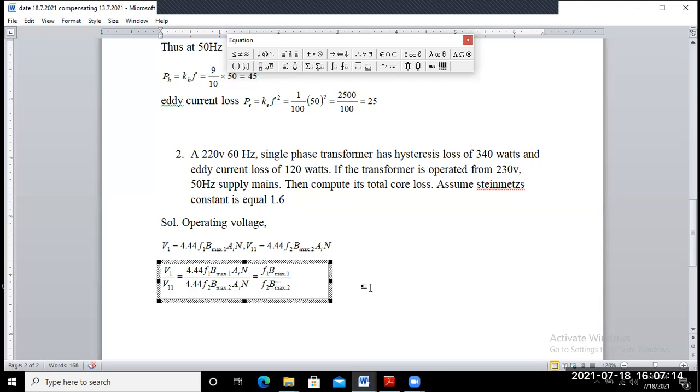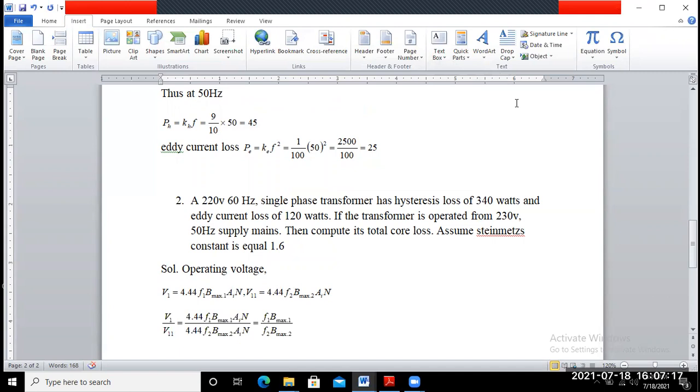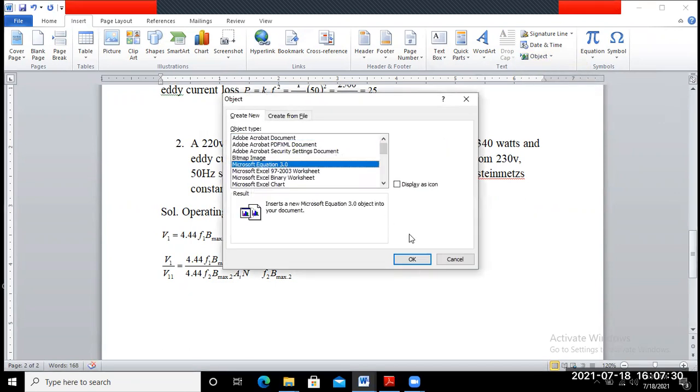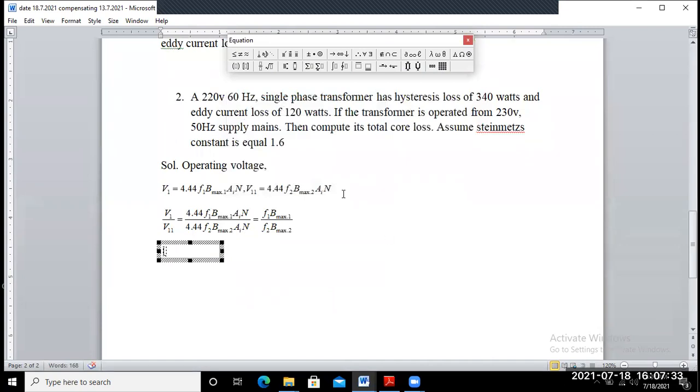Okay. So we just put here in the second line. V1 is how much? 220 volt. So just put their values: 220 divided by V11 equal to 230 volt. So just put here 230 volt. F1 equal to how much? 60.